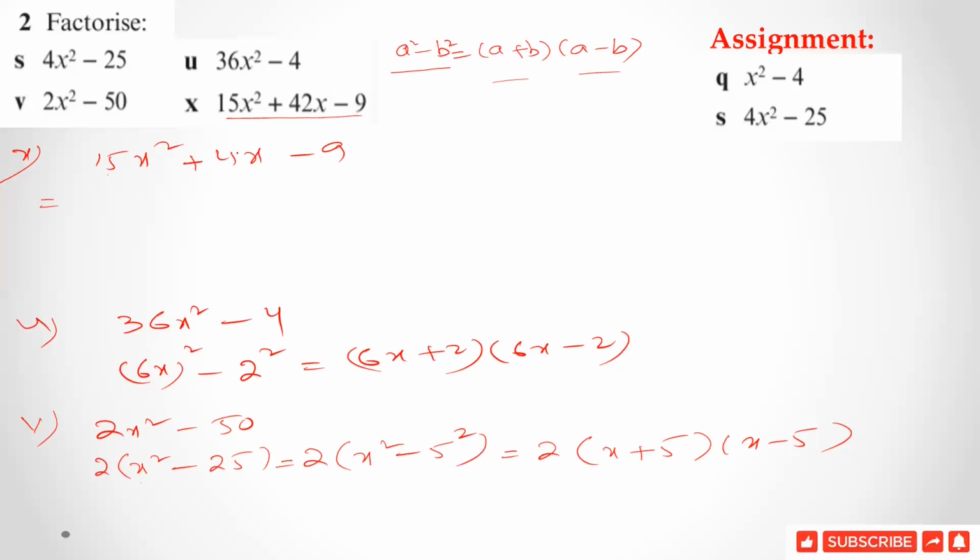This is 42. So if we take 3 as a common factor, we have 3 times 5x squared plus 14x minus 3. Now we have 3 as the first factor and we shall factorize the second algebraic expression. 5 times 3 is 15, so our target is 15. 15 times 1 is 15.